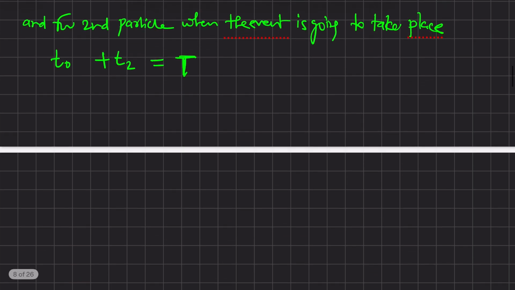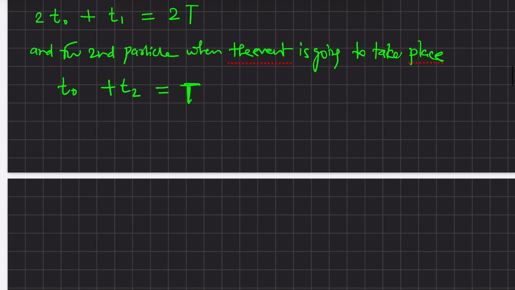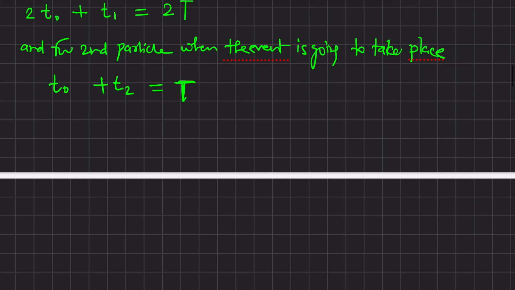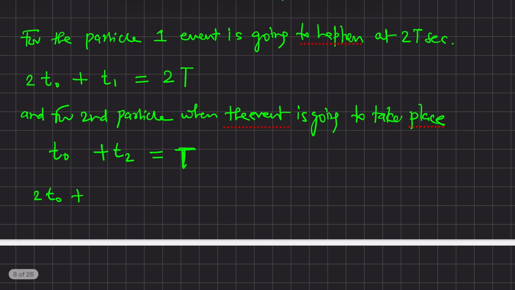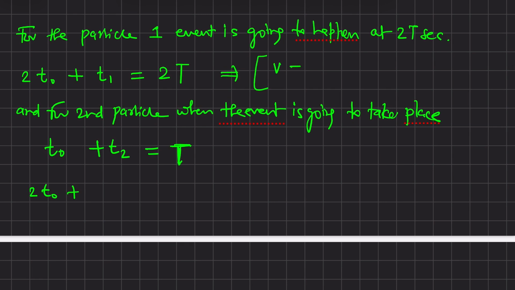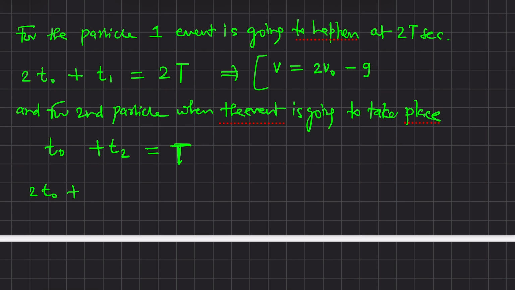So if you see, let's put the values of t1 and t2, then it would be very easy. For the first particle, the velocity is going to be the same, so v is equal to the initial velocity, which is 2v naught, minus, because it is in the upward direction, g into t1.